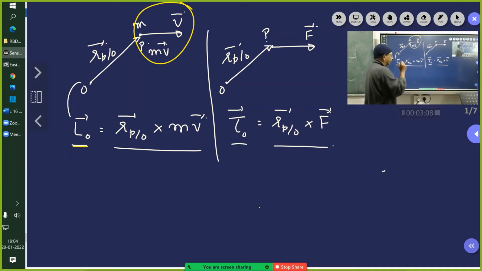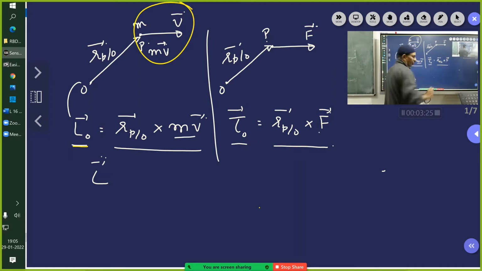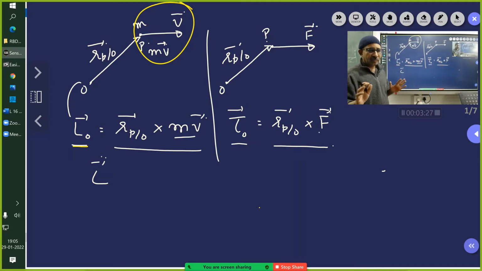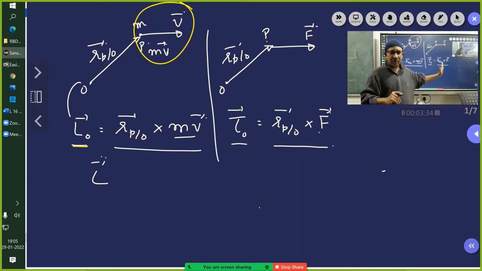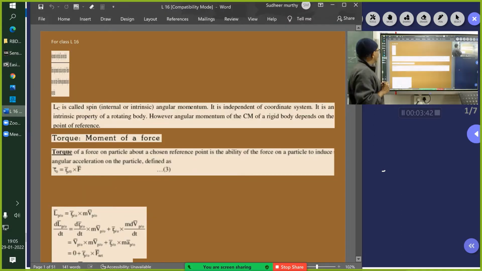All the analysis I did with different diagrams for angular momentum L bar, if you recollect, the same analysis I will be doing, but only replacing m v bar by F bar. Then you will get all the expressions that we got. Wherever you had L bar, it will be replaced by tau bar. Got it? Basically, that's the difference.